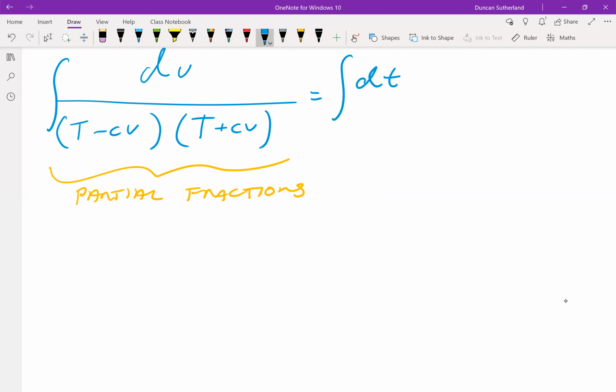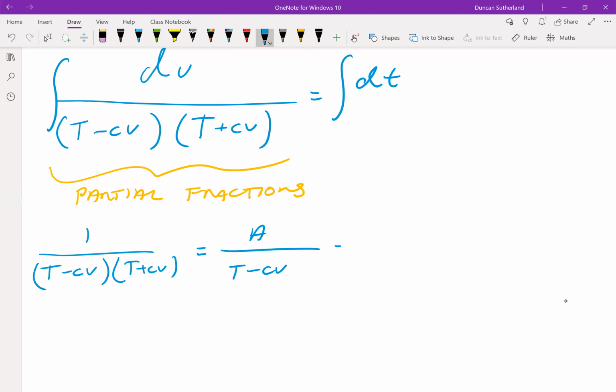So that's where we write where a and b are constants to be determined.